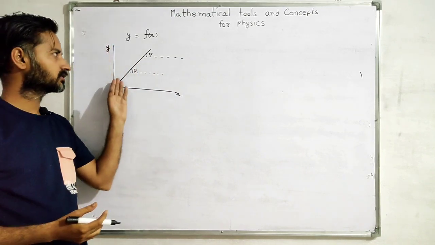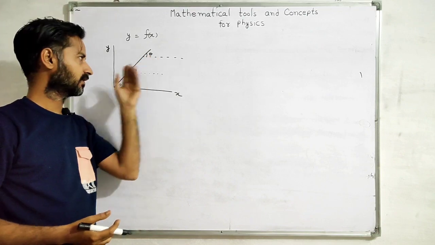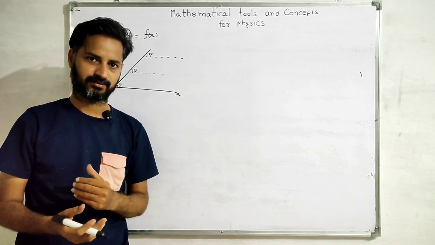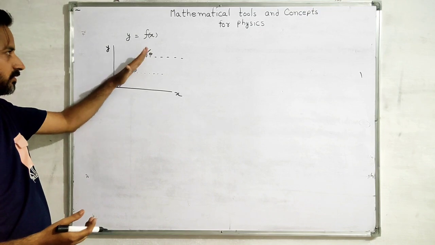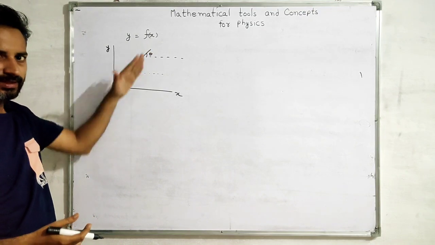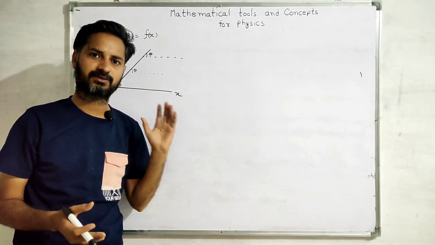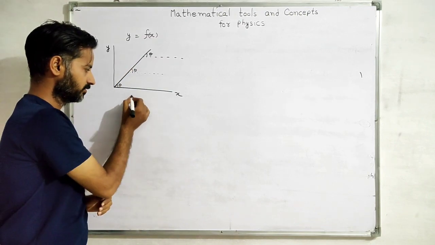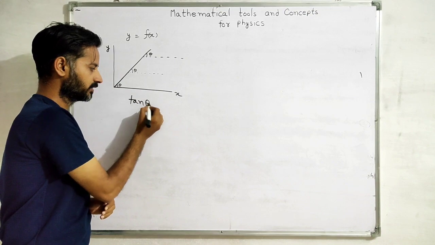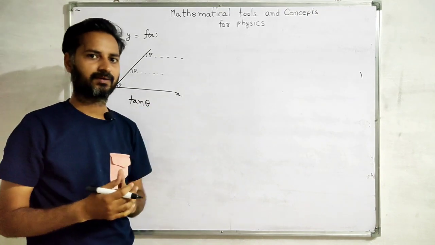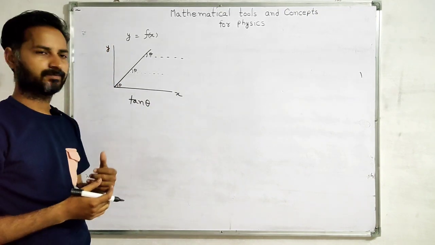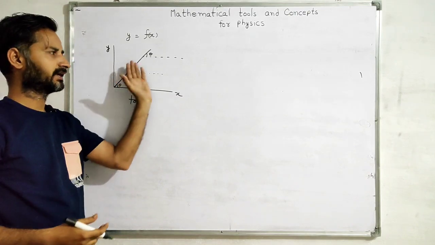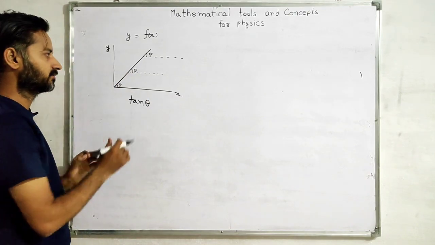So the slope of this line is not changing. If we want to find that slope, then we take tan theta.